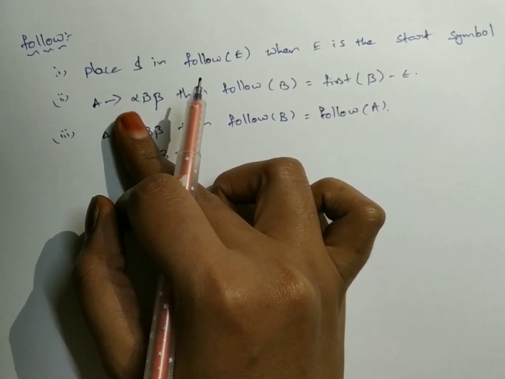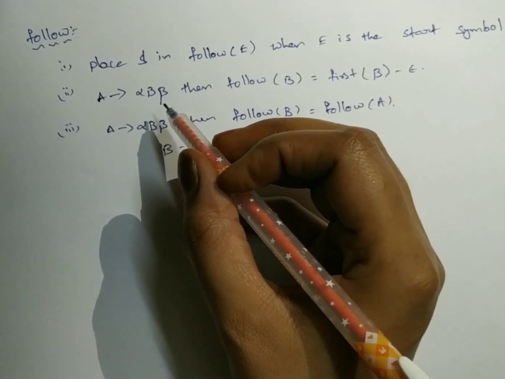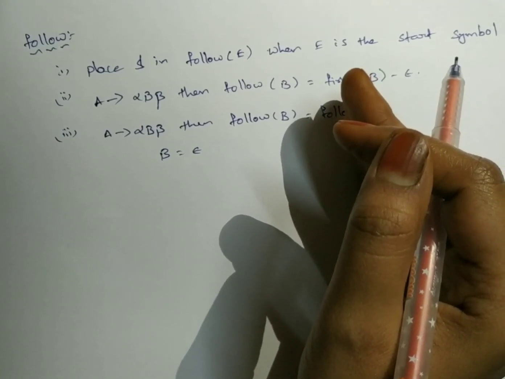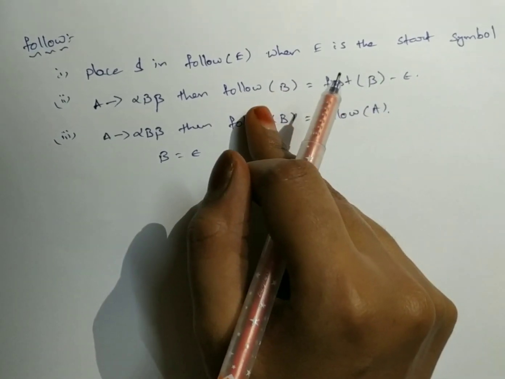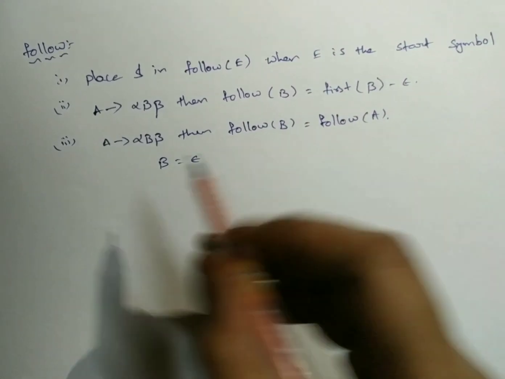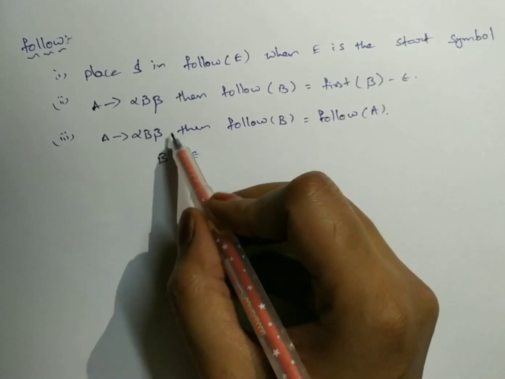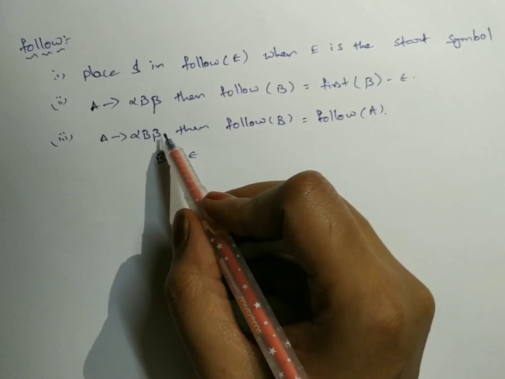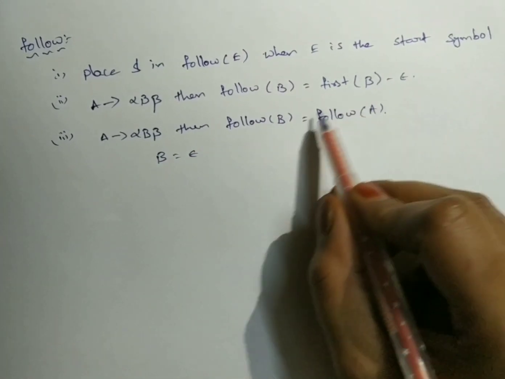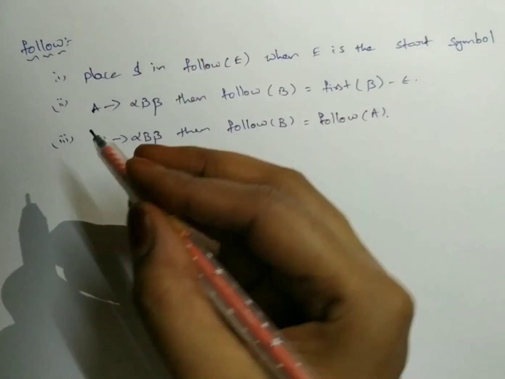If we have a non-terminal in the beta position, then everything in the first of that non-terminal will be considered as follow of B, except epsilon. And the third condition is if we encounter the beta value as epsilon, then the follow of B will be follow of A.